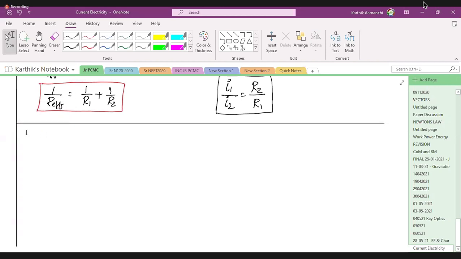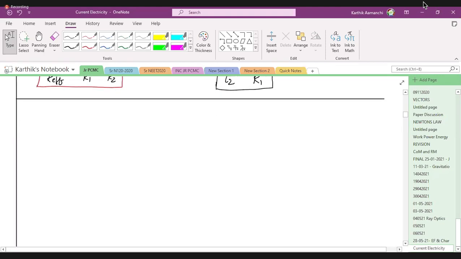Next week also you have current electricity. Yes, sir. Next week we have Kirchhoff's law, circuit problems, resistance, Wheatstone bridge, conversion of galvanometer into ammeter. And next week full week we have electricity. It will go deep. I have enough time. Yes, sir. Okay.